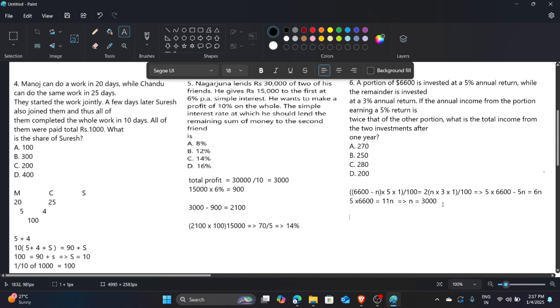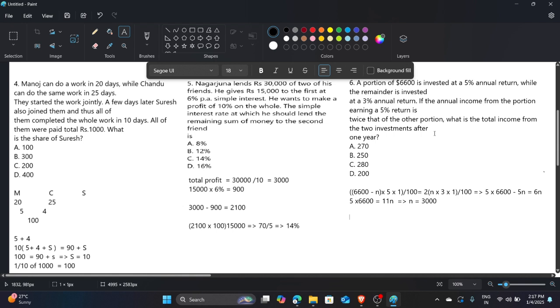Okay, so as we know now, it means $3000 he invests at 3%, and 5% with the remaining one. What they are asking is, what is the total income from those two investments after 1 year? Now we just want to know the total income. So simply put the value of n in the first equation.